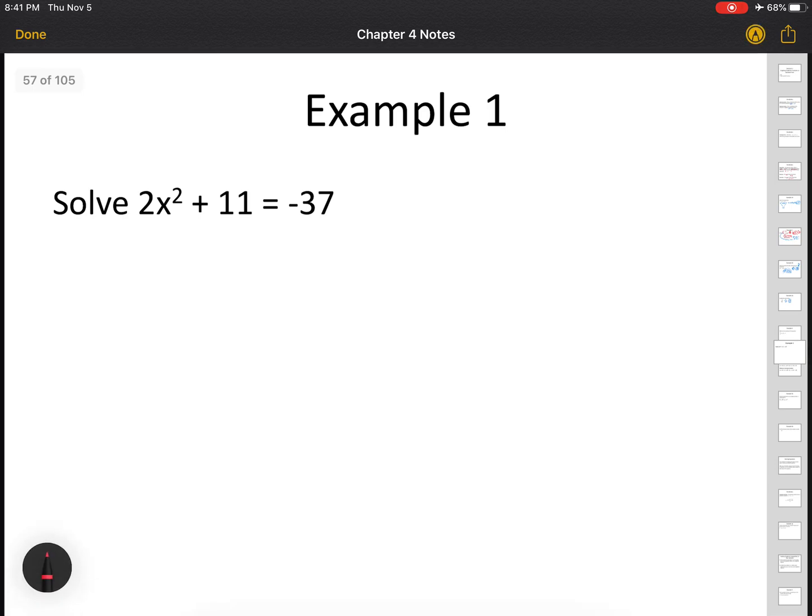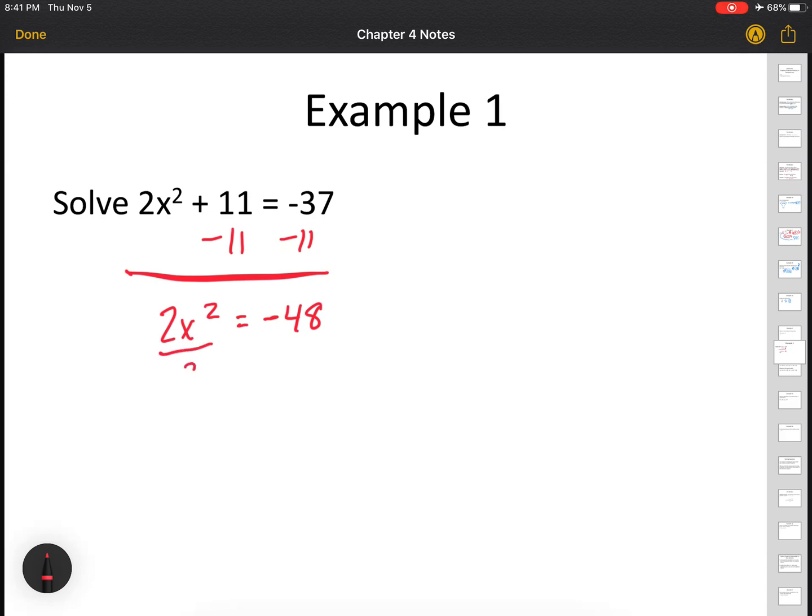So for example, here, let's try to solve this one. The first thing I want to do is move that 11 to the other side. So we get 2x squared equals -37 minus 11 more, which is -48. And now I want to get rid of that 2 that's multiplying the x squared.